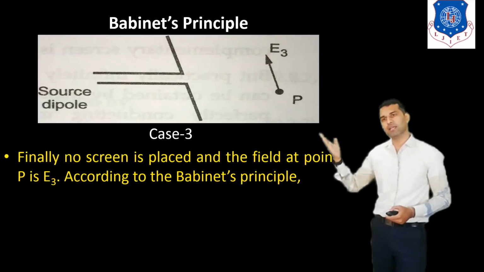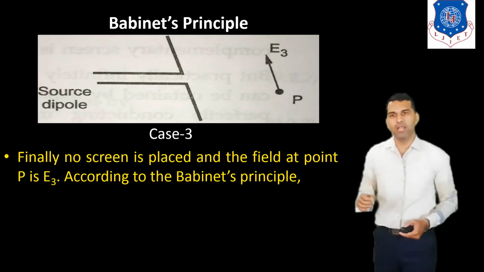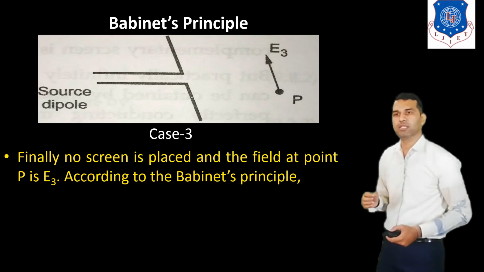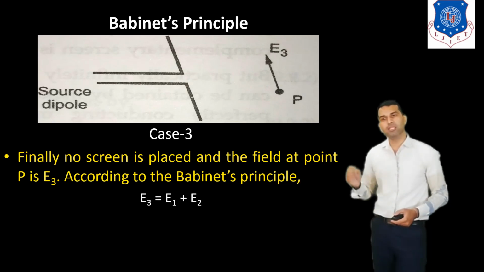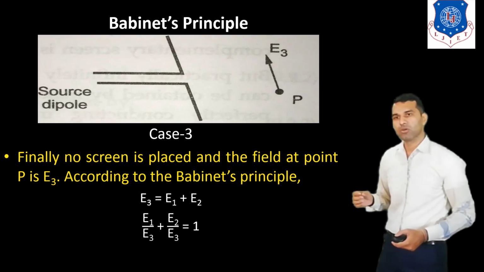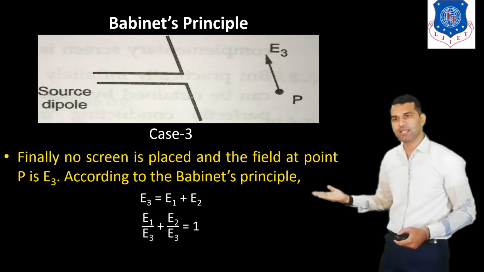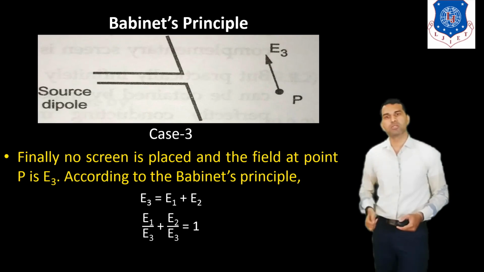And finally, in case 3, no screen is placed and the field at point P is E3. So according to the Babinet principle, we can write E3 is equal to E1 plus E2. So simply we can write this equation as E1 by E3 plus E2 by E3 is equal to 1.